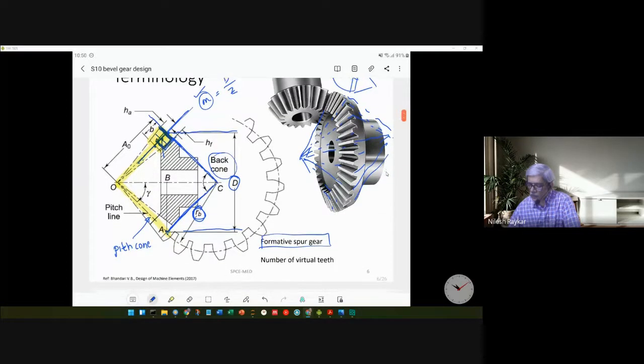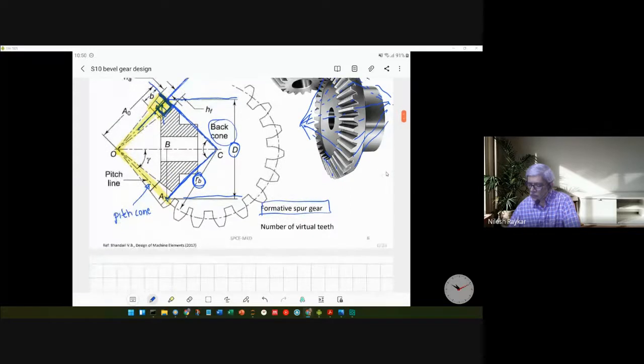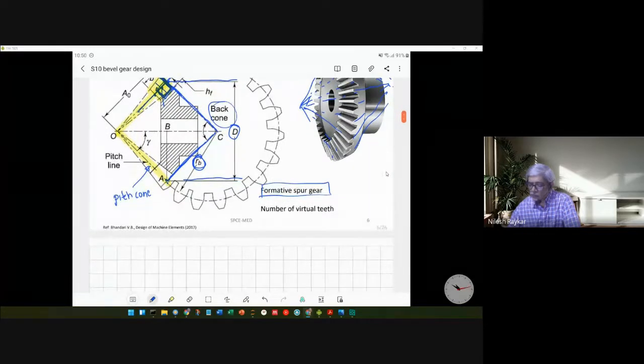Okay, so now that we are talking about the equivalent spur gear or the formative gear, here we have a gear which has a larger diameter. However, we want the formative gear to have the same involute profile as that of the original bevel gear.